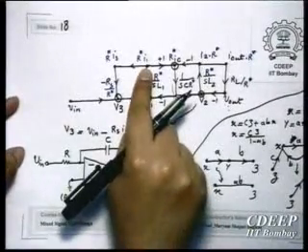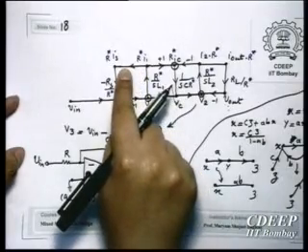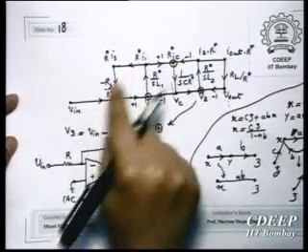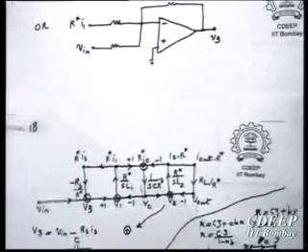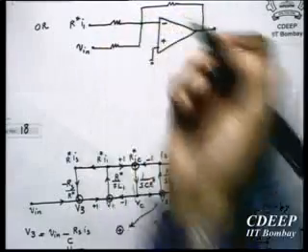And the ratio from R star I1 to this is R star I1 into 1 multiplied by minus Rs upon R star. So overall it will be minus Rs upon Rs. So this is R star I1.